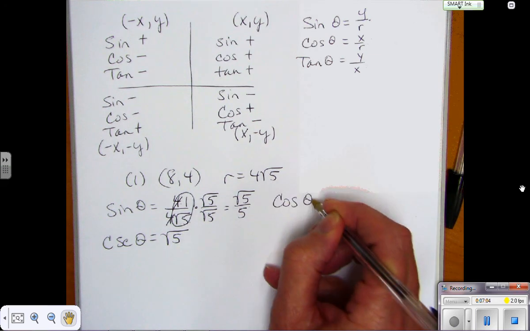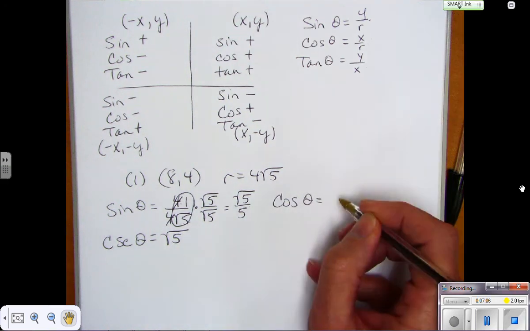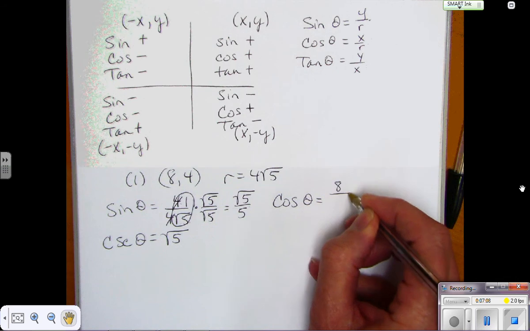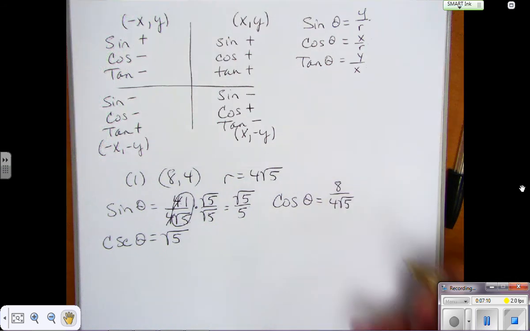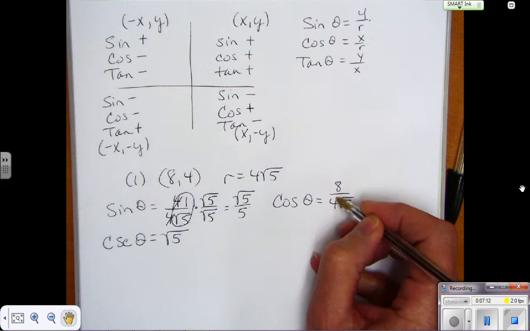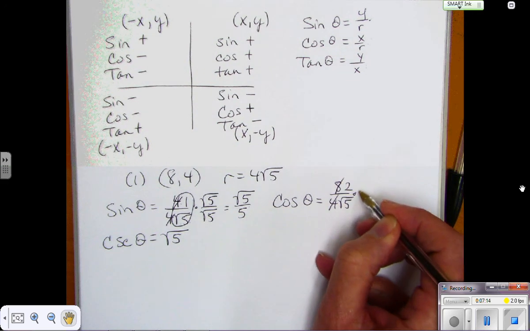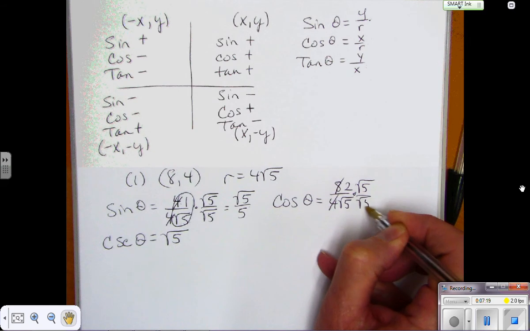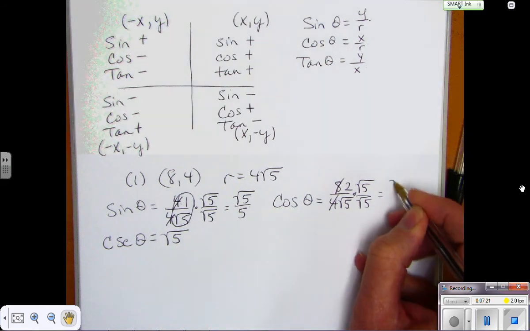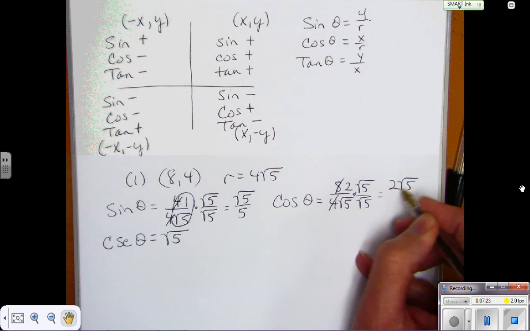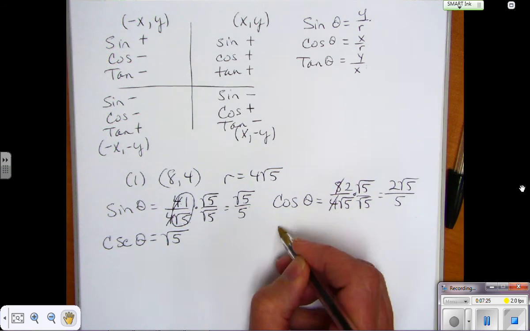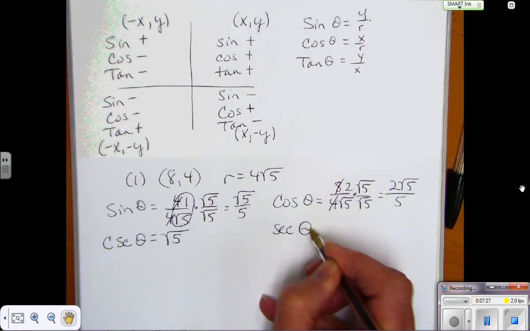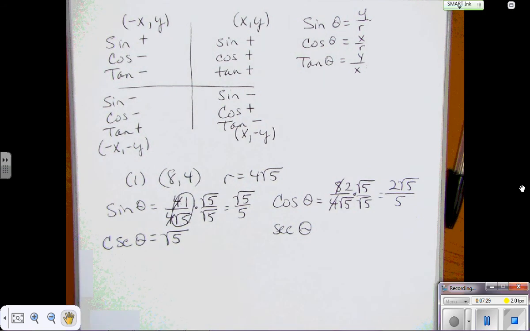Cosine ratio is x over r, so that's 8 over 4 radical 5. Again, we need to simplify. The 4 and the 8 can reduce, and I need to rationalize it. Multiply top and bottom by square root of 5. So your cosine is 2 radical 5 over 5. The secant ratio is going to be the inverse.